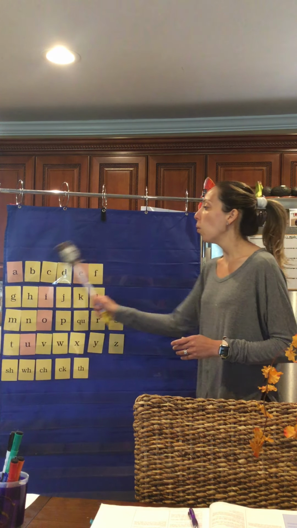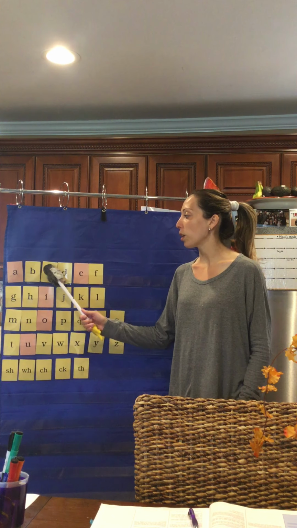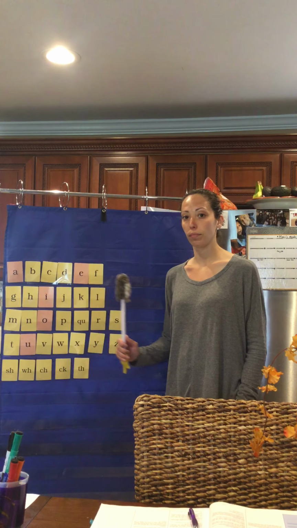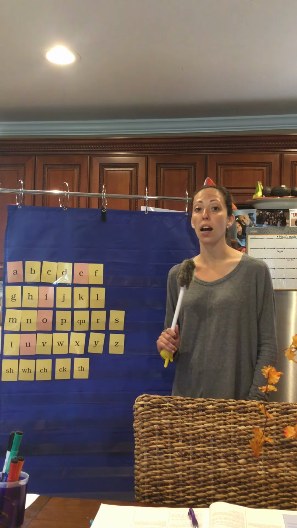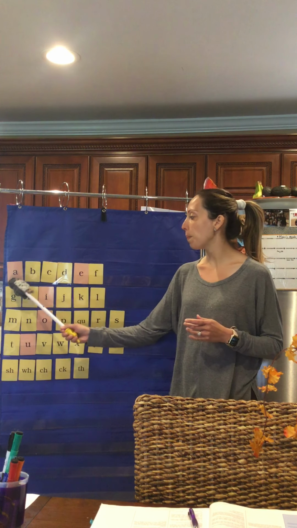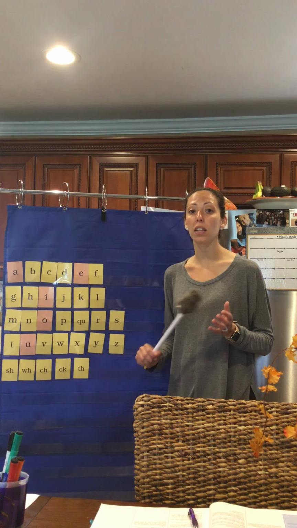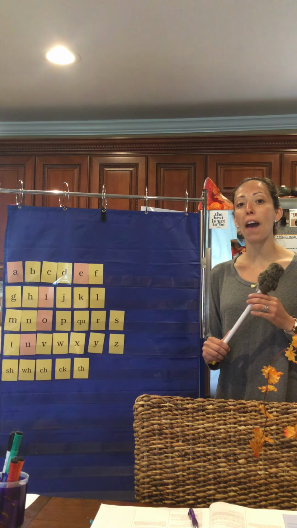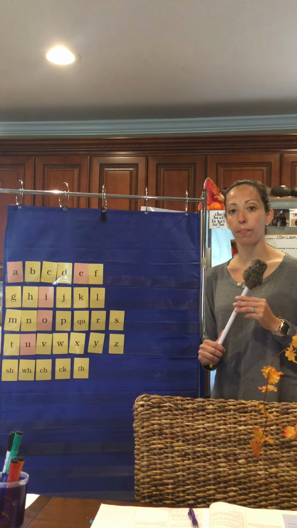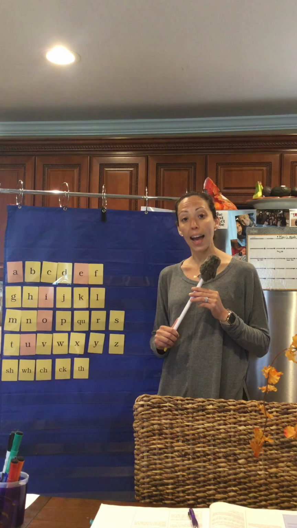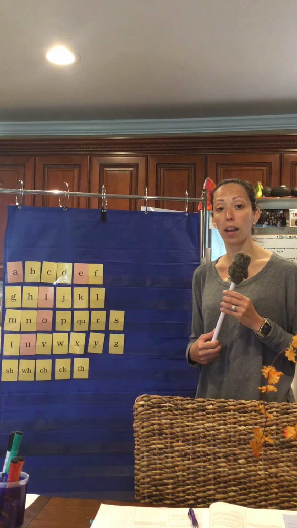Now, what do we call our yellow letters? Very good, consonants. What do we call the pink letters? Fabulous, vowels. How many vowels do we have in our alphabet? Excellent, 5. Can you tell me what they are?